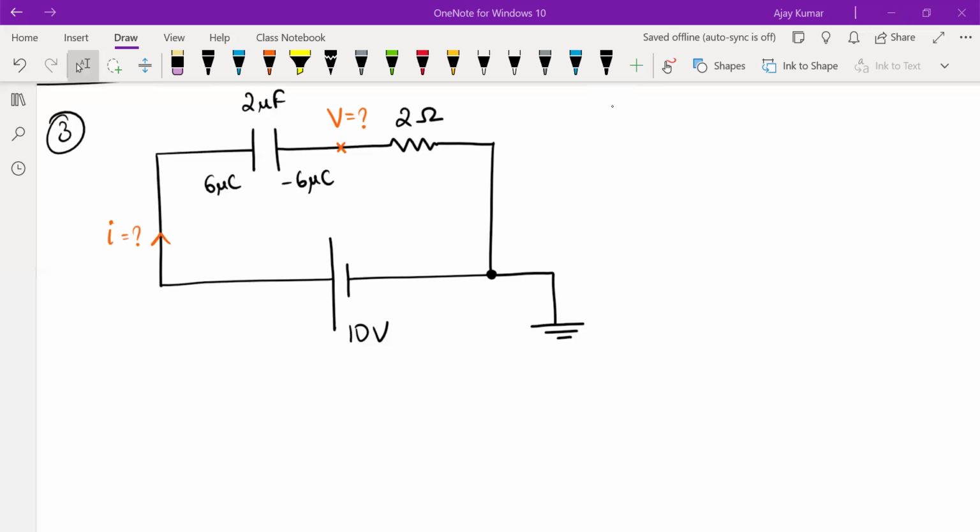Shashank, your answer is also correct. Okay. Harika, tell me, how are you trying to solve?